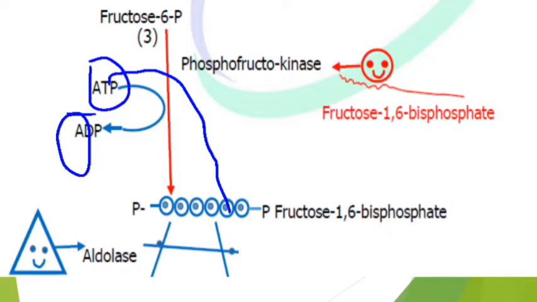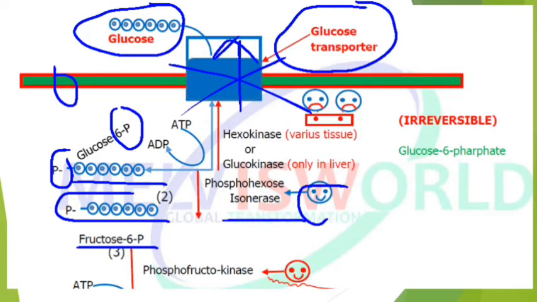Once it adds another phosphate group, recall the structure of glucose or fructose: there are 6 carbon molecules, this is position 1, and this is position 6. Initially we have fructose 6-phosphate.